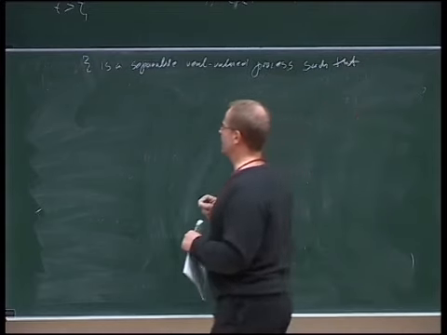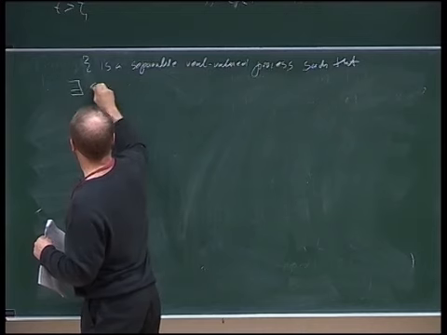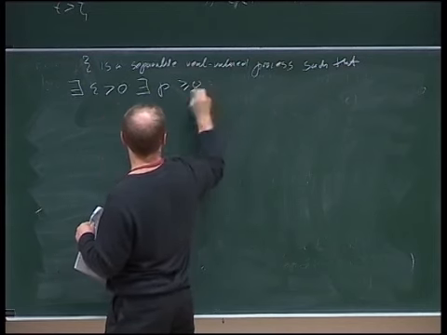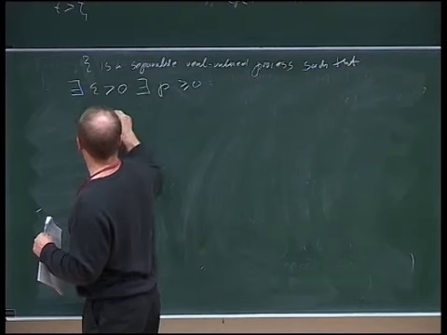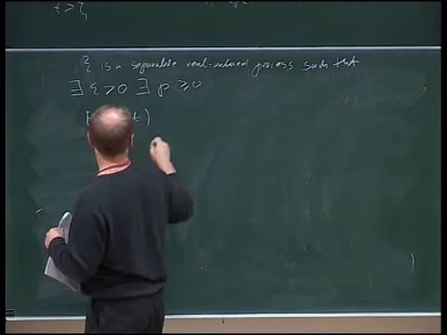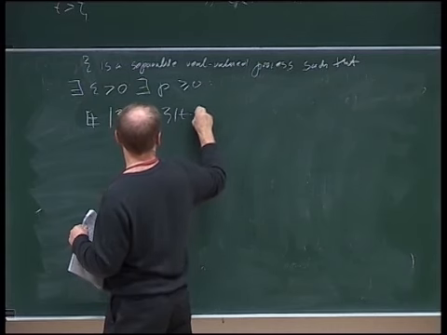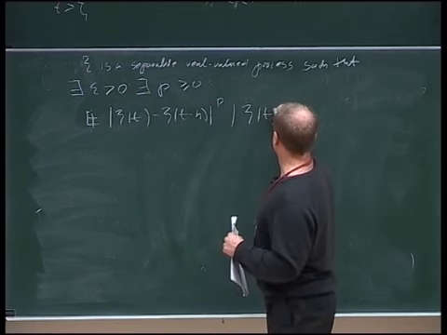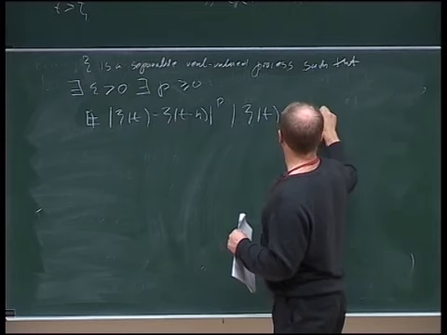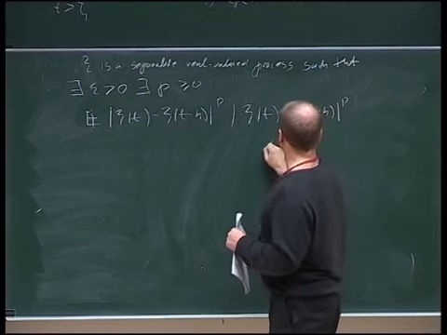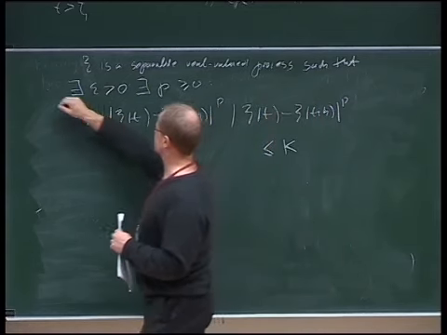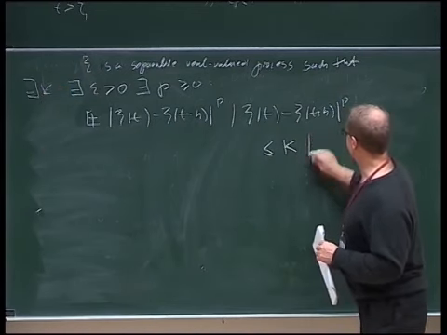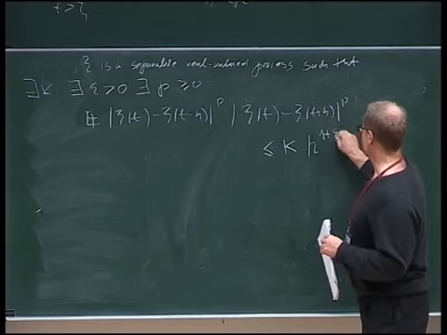there are epsilon and p such that the expectation of |psi t minus psi t minus h| times |psi t minus psi t plus h| to power p is less than some constant K times h to power 1 plus epsilon.